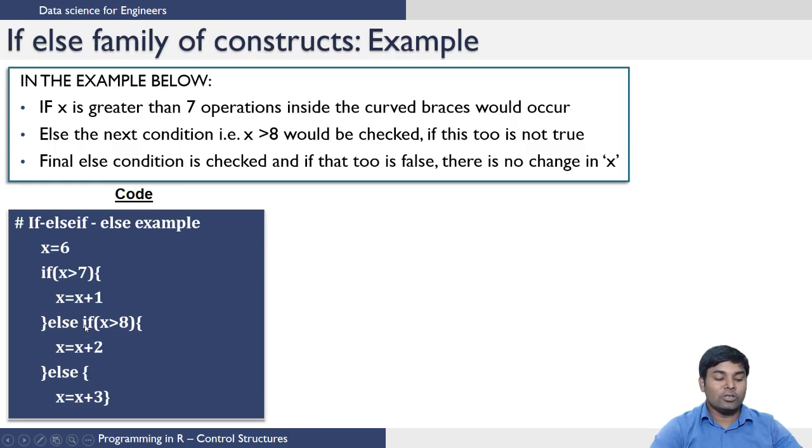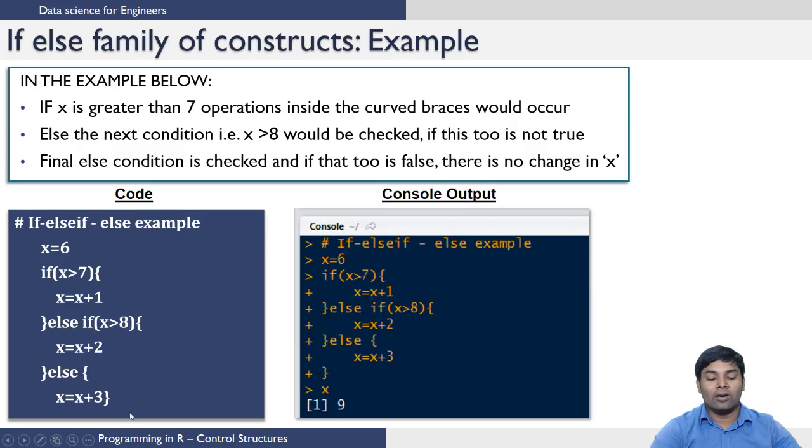Again, this condition also fails because 6 is not greater than 8, and this part is not executed. Since these two parts are not executed, it will move to the else and increment the value of x by 3. That means x is now 6 plus 3, which is 9, and the value 9 is assigned to x. When this piece of code is executed in R, you can see that the output is 9.